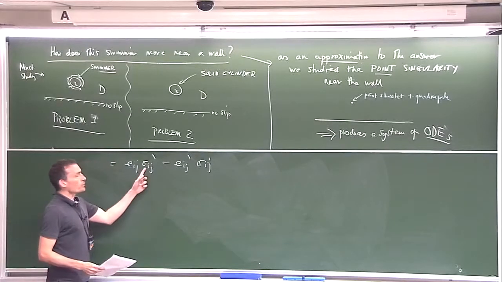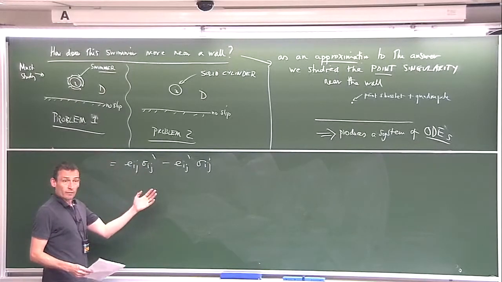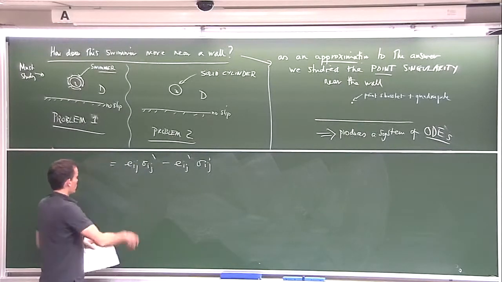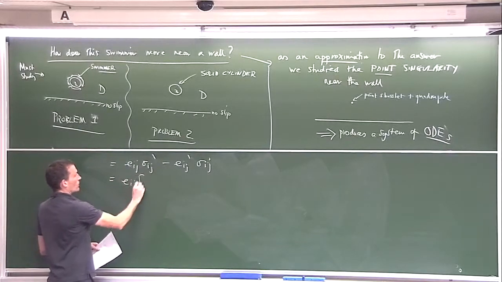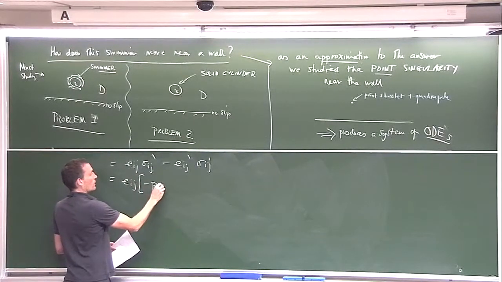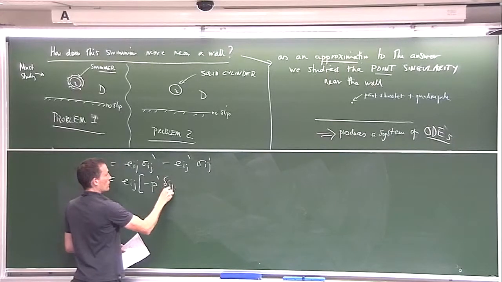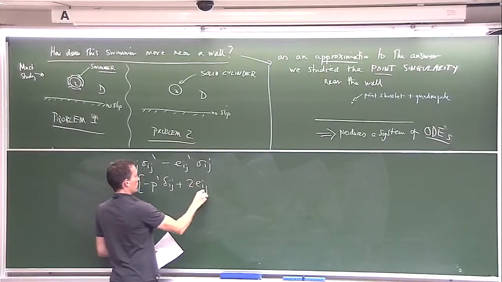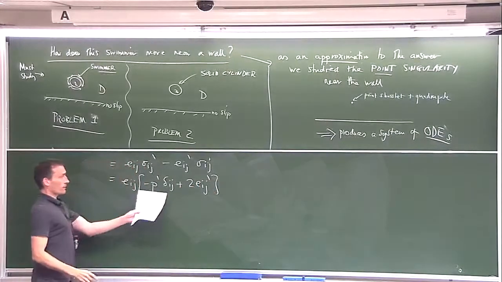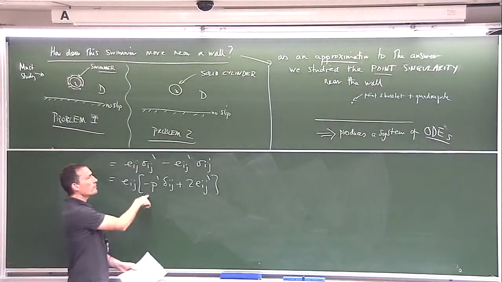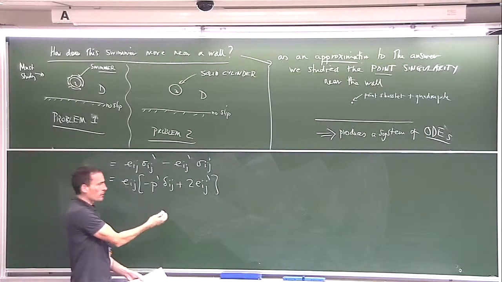Now, let me use the definition of sigma ij, which is that, right? For sigma ij prime, where P prime is the pressure from that tensor.